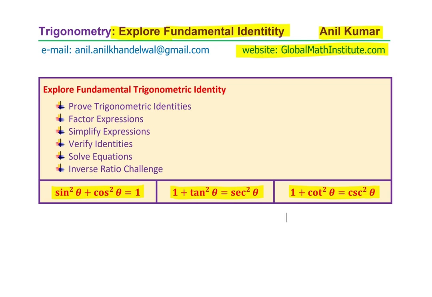Let us now begin with how we prove the fundamental identity itself. There are many ways to do that. The simplest thing which I will recommend is something like this. Take a circle and on the circle take a point.